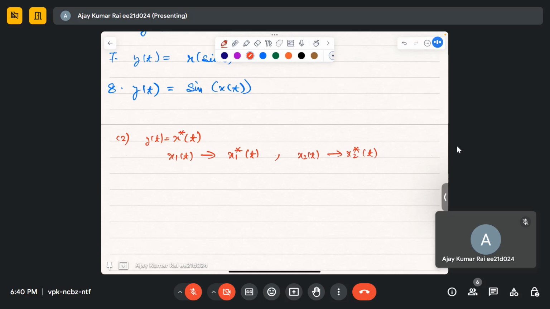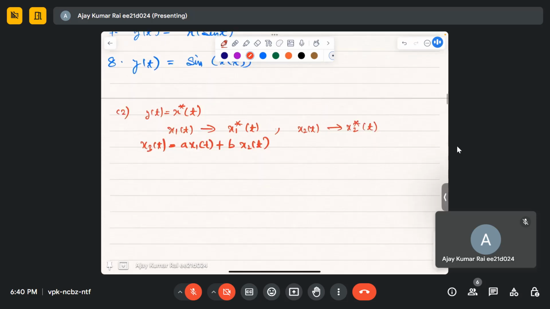And if I give x3(t), which is a x1(t) plus b x2(t), what should be the output? The output should be the conjugate of a x1(t) plus b x2(t). Let's bring this conjugate inside.